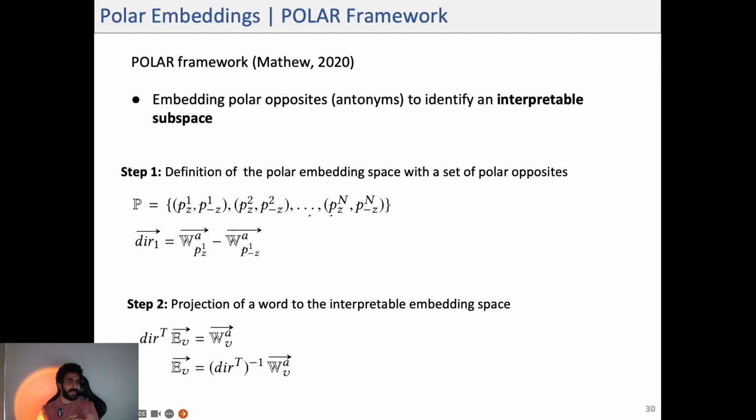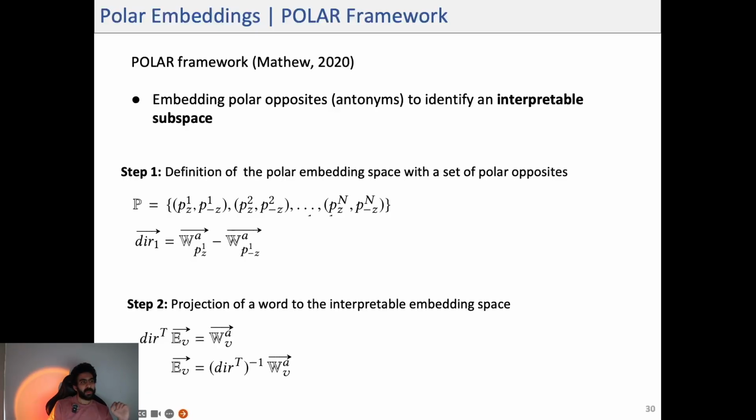We begin by collecting a pair of antonyms, shown here as P1 and Z1, P2 and Z2, and so on up to N. Each pair defines a semantic axis. For example, the vector from weak to strong, from honest to corrupt, and so on. By combining all N of these, we get a matrix of directions that forms our polar embedding space.